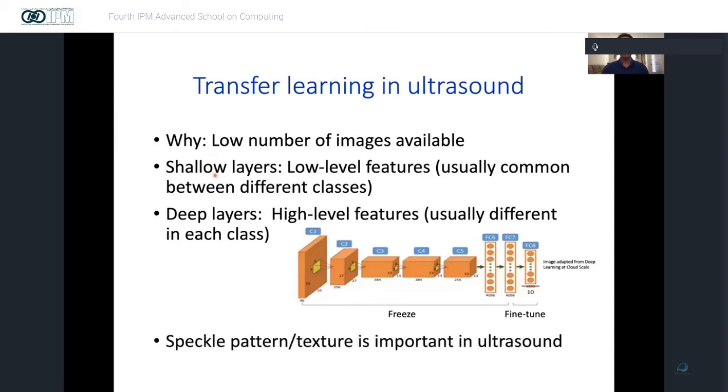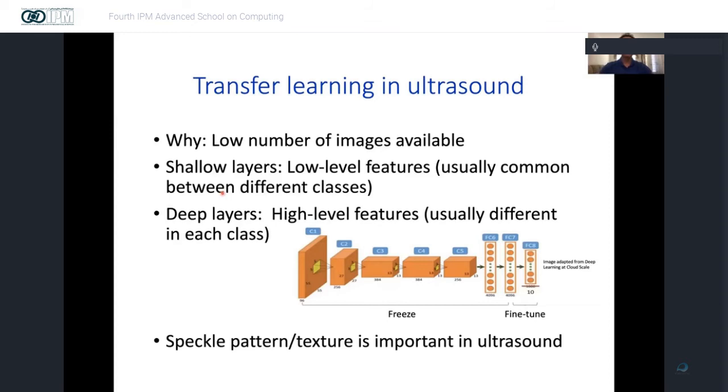The problem that we hypothesized is that speckle pattern is important in proper segmentation of ultrasound images. If you work with an experienced radiologist, they will tell you that they look at the pattern of the speckle in the ultrasound image to find out the properties of the tissue.